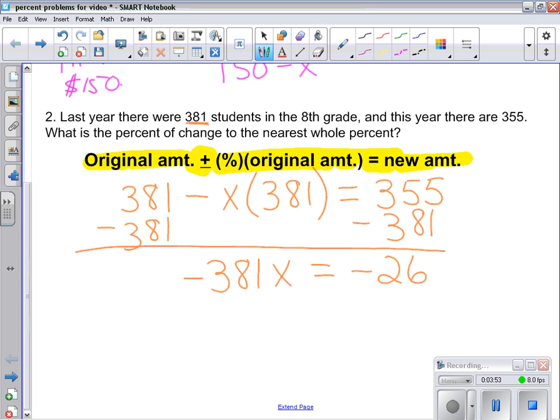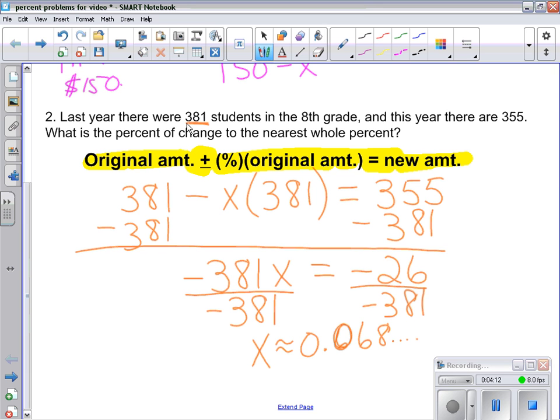Now we have x being multiplied by negative 381, so we divide by negative 381 on both sides. And x is approximately, and it's a decimal, 0.068, and it keeps going on and on. But I said to round to the nearest whole percent, so I'm going to round to 7%.